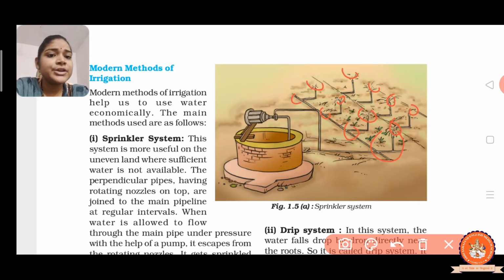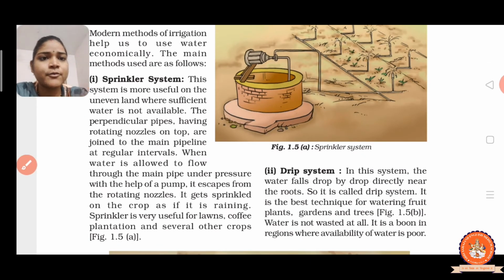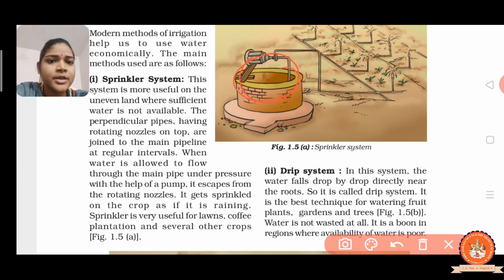And the nozzles are joined to the main pipe. So here is the main pipe, and the nozzle is joined with the main pipe. Water is allowed to flow through the main pipe under pressure with the help of a pump.